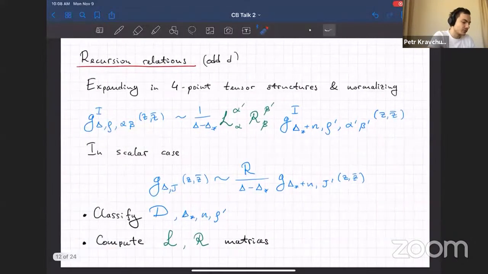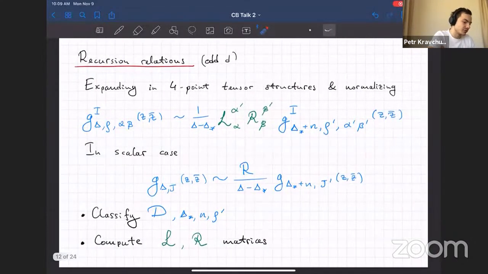The methods that were known for computing these matrices L and R were a bit tedious, and there were one or two papers where people did this for something like 4-point functions of vectors. But in general, this was not very popular.